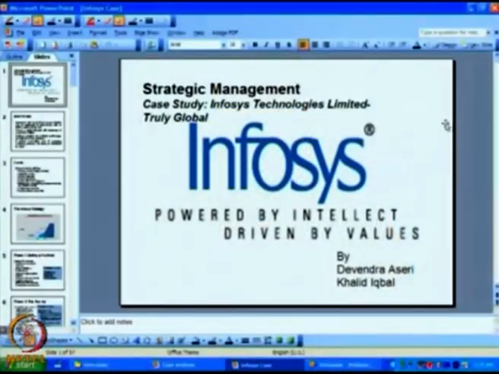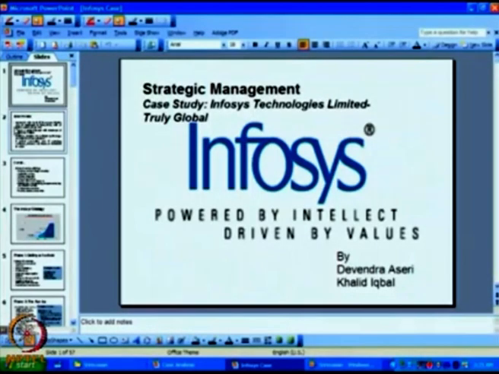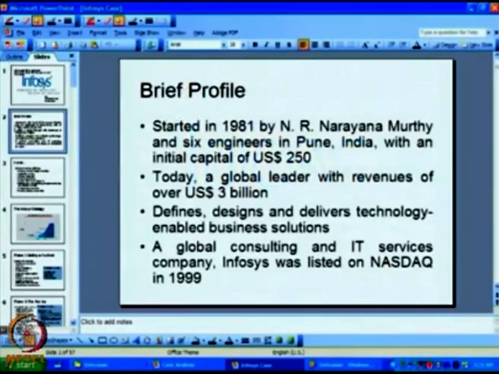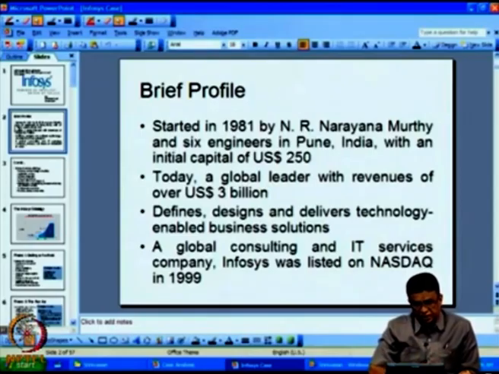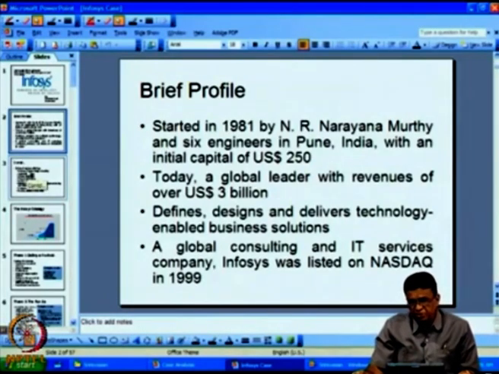If you really see what they have done, in the case study on this Infosys technology, they have given a brief profile of the company, how it was started. It started in 81 by Mr. Narayan Murthy and 6 engineers in Pune with an initial capital of US $250.